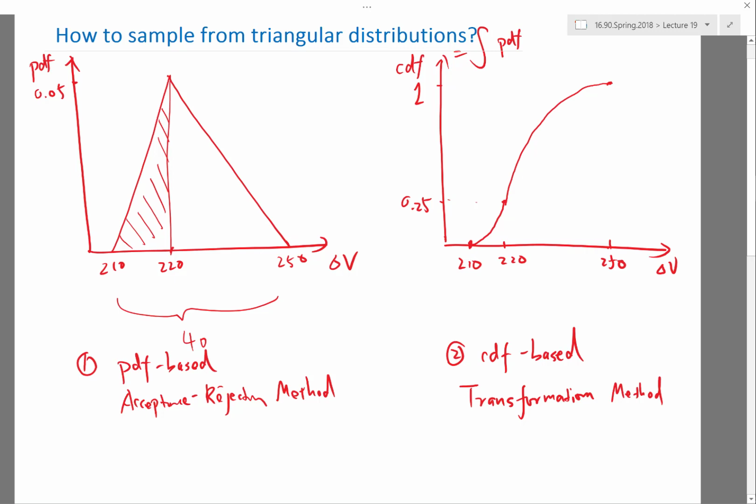So the CDF is very hard to compute. Then I want to sample based on the PDF. The idea is, instead of sampling from this PDF, I'm going to sample from a PDF that dominates this PDF, or a PDF that is higher everywhere than this PDF.